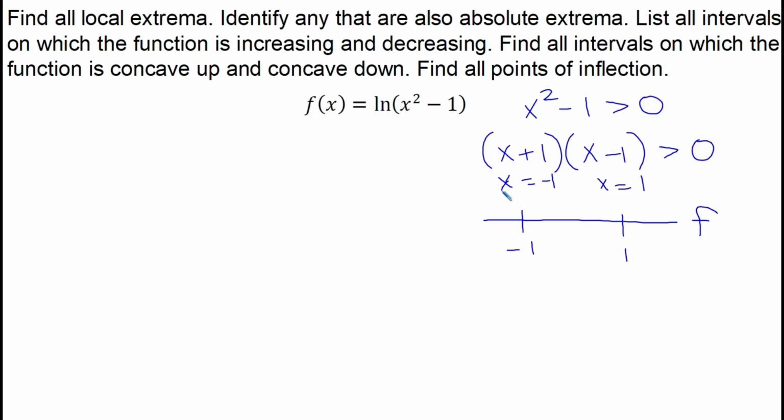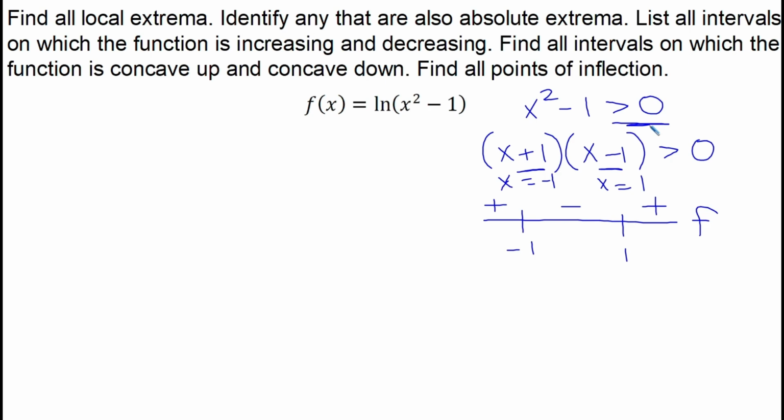So if we plug in something like 0, we end up getting a negative, right? Because we get a positive 1 times a negative 1. If I plug in something more than 1, like a million, I'll have two positives multiplied together. And something less than negative 1, like negative a million, I'll have two negatives multiplied together, which is a positive. Well, we wanted the values when x squared minus 1 was greater than 0.